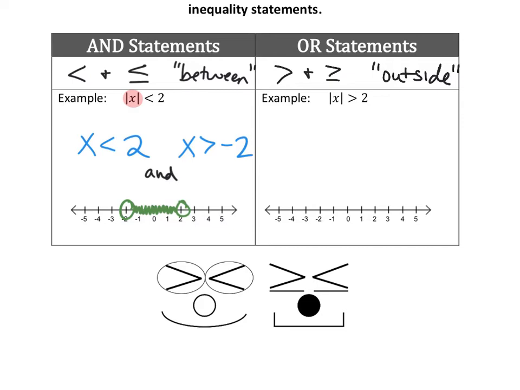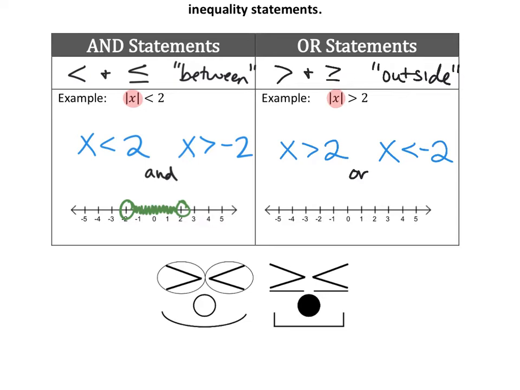So what I would do is, again, if I were solving this inequality, absolute value of x greater than 2, we would isolate, check. We would separate into the exact same thing I see and flip the sign. But instead of putting the word and in between those, I'm literally going to put the word or.